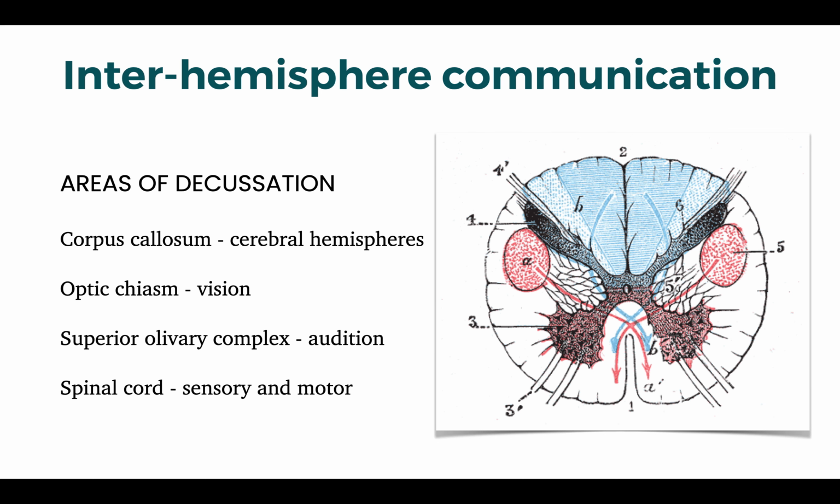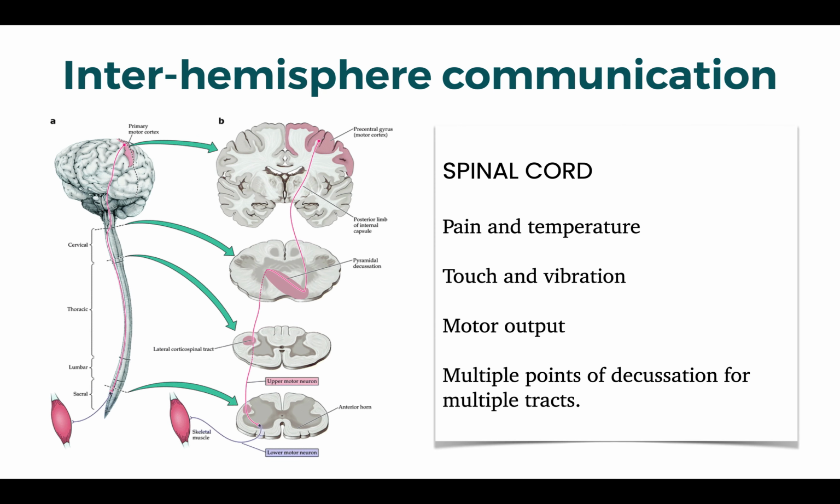So next we have the spinal cord, which we were just talking about with this cool illustration. We've got information going into the spinal cord, and information coming out of the spinal cord, and all of that information has to decussate, from the right to the left hemisphere of the brain and from the left side of the body to the right hemisphere of the brain. So we have the anterior commissure of the spinal cord, right? Here's the anterior horn, here's the anterior commissure, and this is where a lot of decussations happen. Here's a pyramidal decussation.